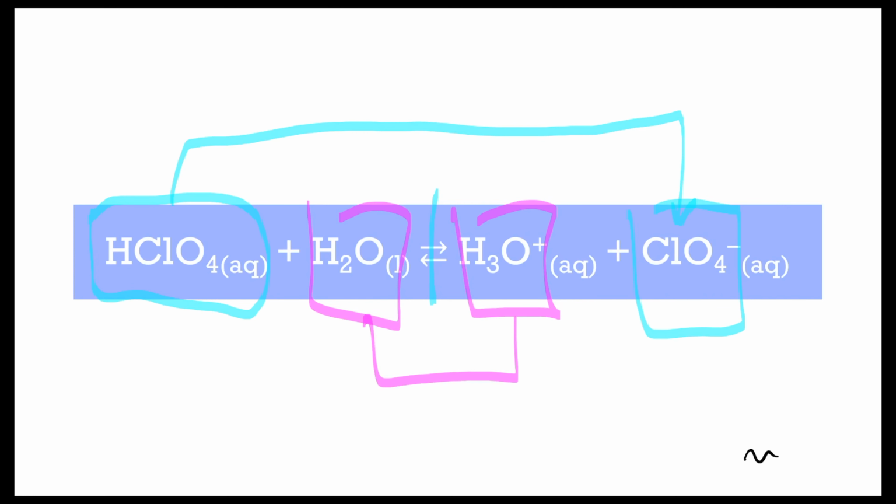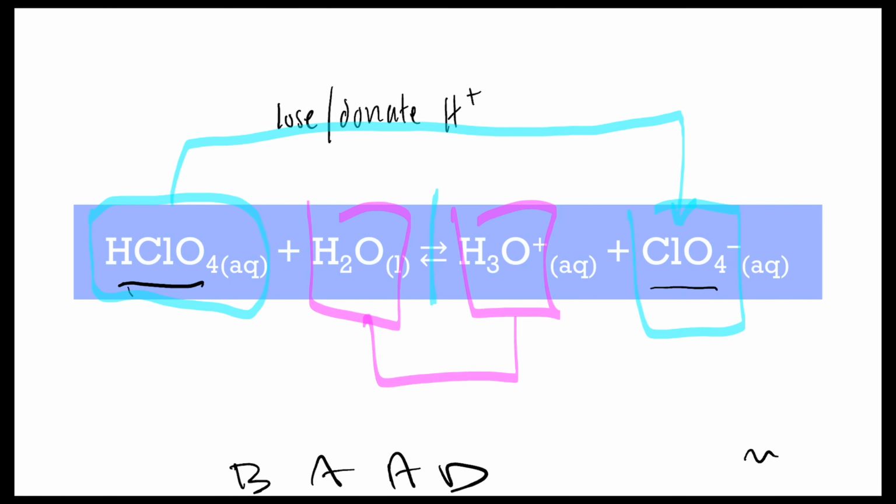Looking at the HClO4 example, how did we get from HClO4 to ClO4 minus? What happened? If you said you have to lose or donate an H plus to make it to that final product, that is absolutely correct. If something donates or loses an H plus, that is an acid.